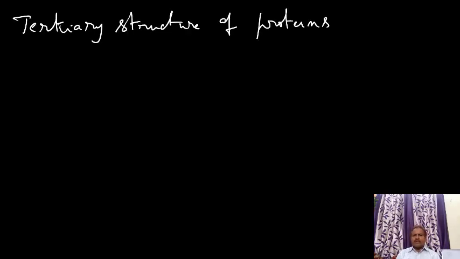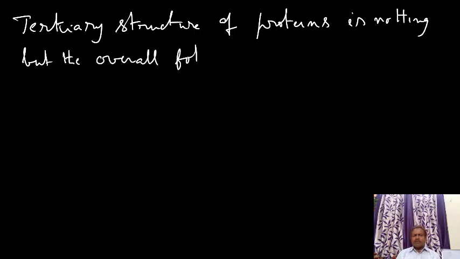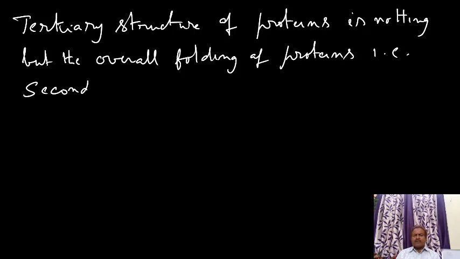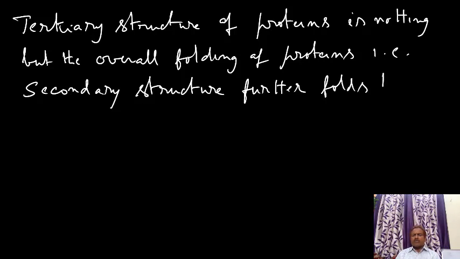Now let us discuss the tertiary structure of proteins. Tertiary structure of proteins is nothing but the overall folding of proteins. What does it mean? The secondary structure further folds to get the tertiary structure.